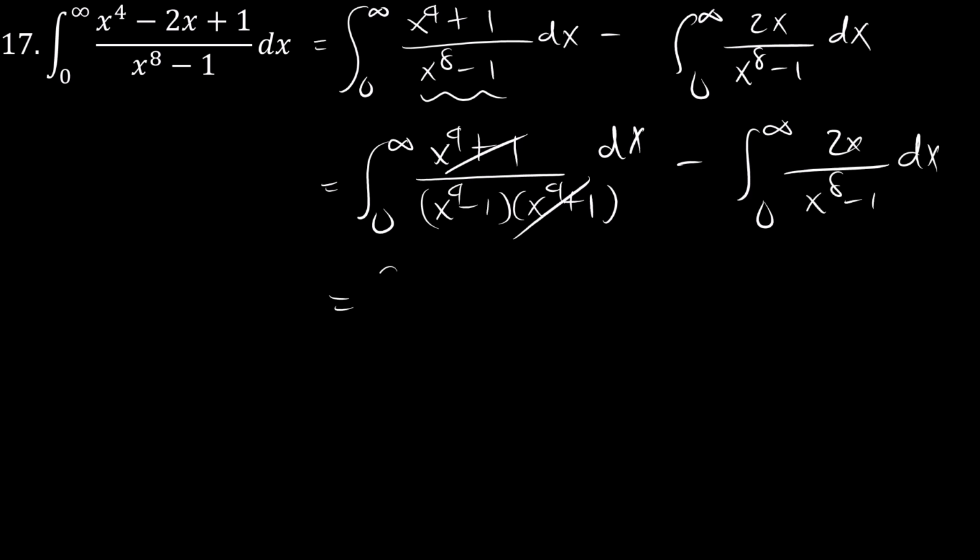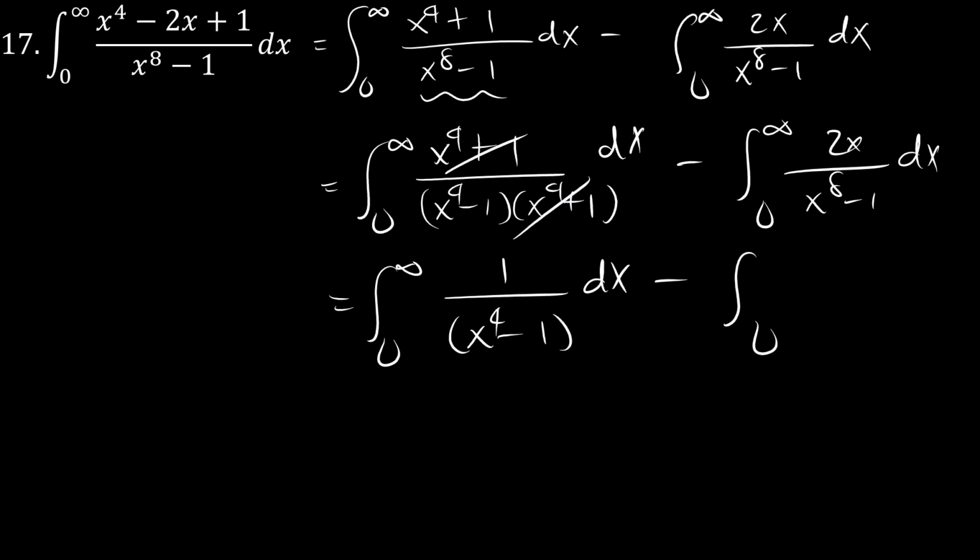So in other words, we have the integral from 0 to infinity of 1 over x to the 4th minus 1, minus the integral from 0 to infinity of 2x over x to the 8 minus 1.